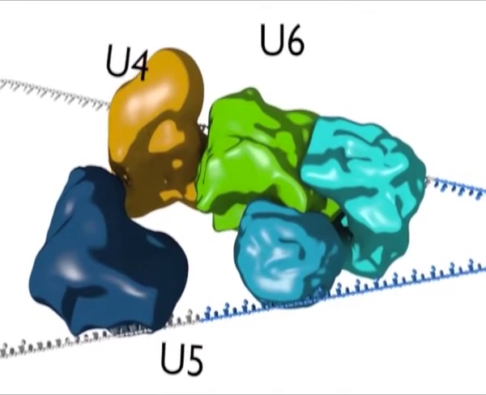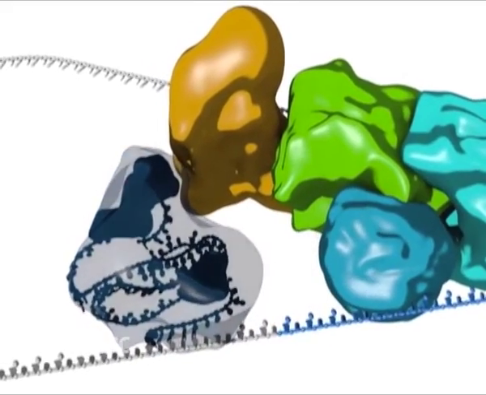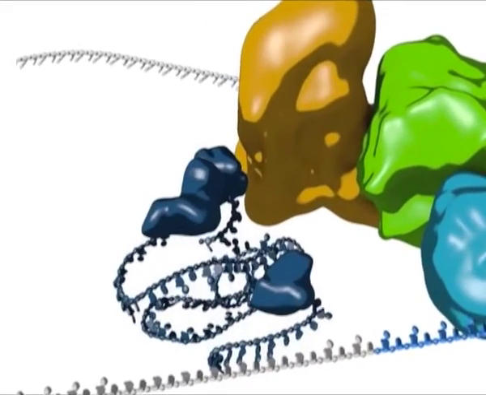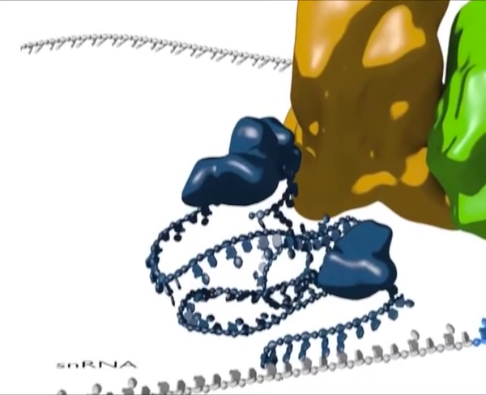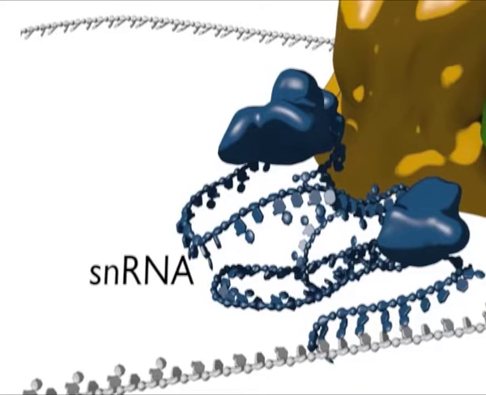These snRNAs do not exist as free RNA molecules. They are transiently associated with more than 70 non-snRNP proteins, splicing factors, RNA helicases, SR splicing factors, etc.